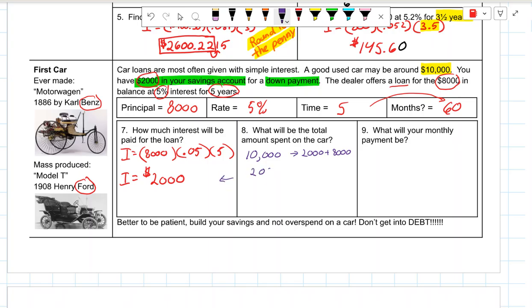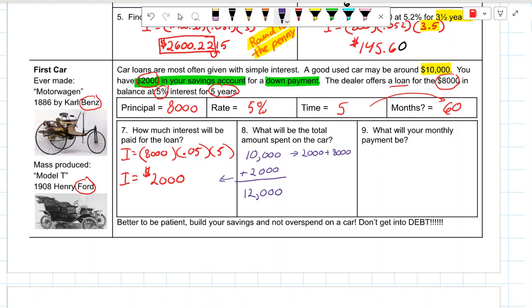So you have to add your interest to your original car price. So 10,000 plus 2,000 is $12,000. So you might be thinking, oh, that $10,000 is a bit of money, but in the end result, you will have paid $12,000 for that $10,000 car. And that's what's happening when you take loans.